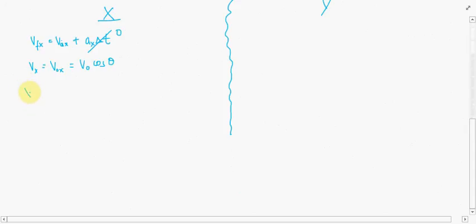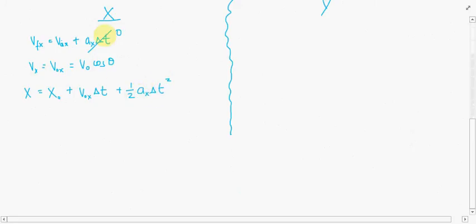So the final position in the x direction is equal to the initial position, x sub naught, plus v sub naught x times the change in time, plus 1/2 a x times change in time squared.